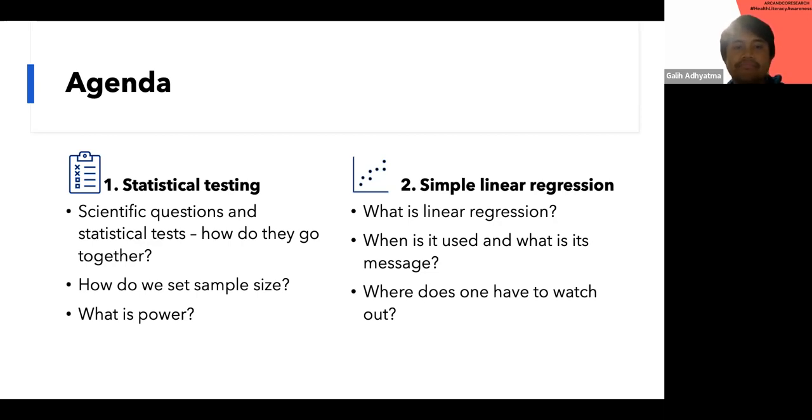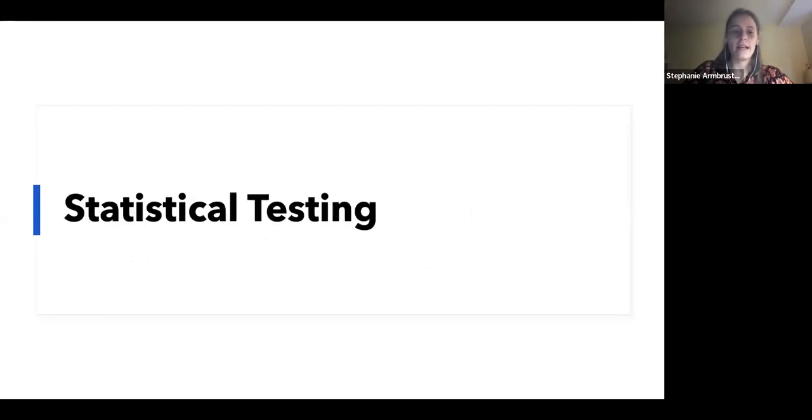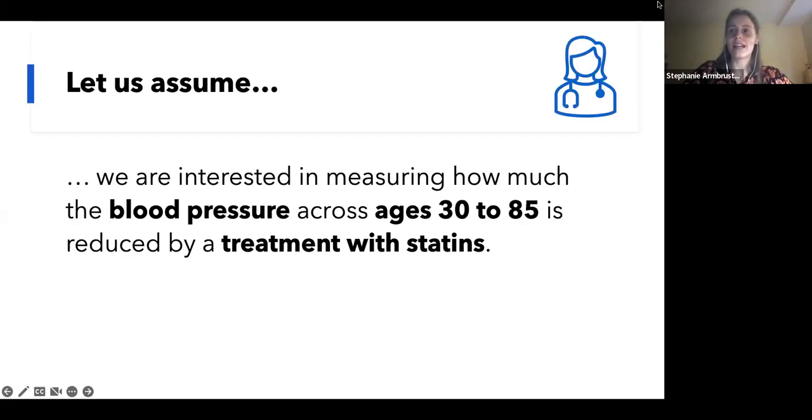What do we have to understand underneath the big word power? And then secondly, we could talk a little bit about simple linear regression, like what is linear regression, how can we interpret it, and then what are some pitfalls. So let's dive into statistical testing.